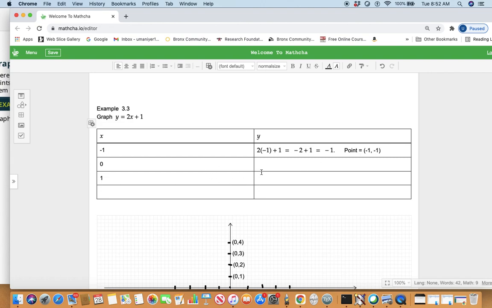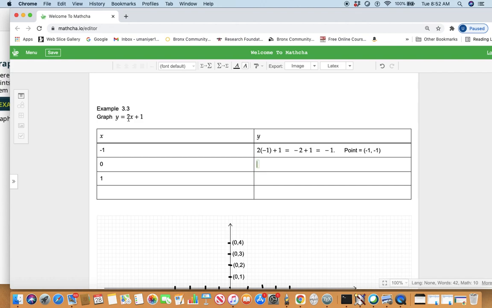Similar story here. Y coordinate is 2 times x coordinate plus 1. When x is 0, 2 times 0 plus 1. 2 times 0 is 0, plus 1 is 1.